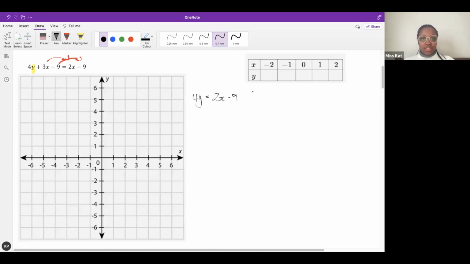Let's remind each other. Yes, Oratile. Hi, ma'am. Hello. Ma'am, can I please ask a question? Let's say we're finding the gradient, the y-intercept and x-intercept, and the x-intercept becomes maybe either a decimal or fraction. How do you plot it?